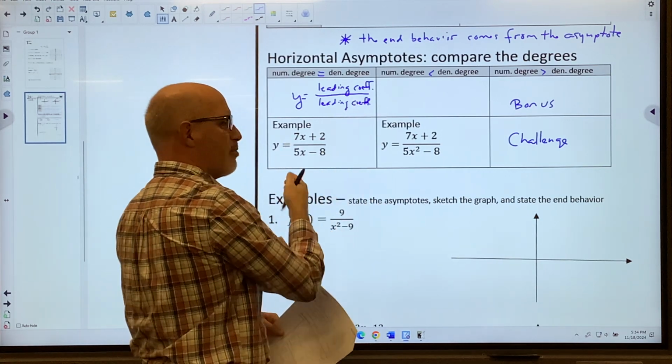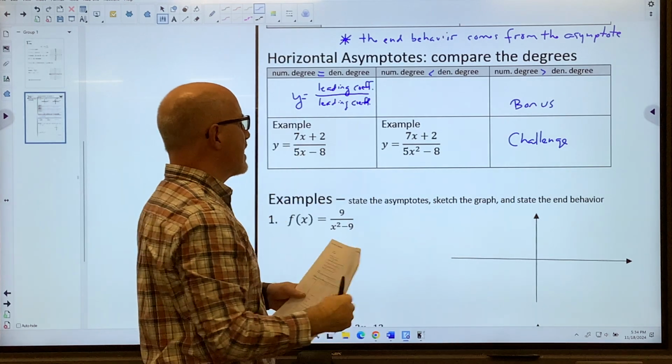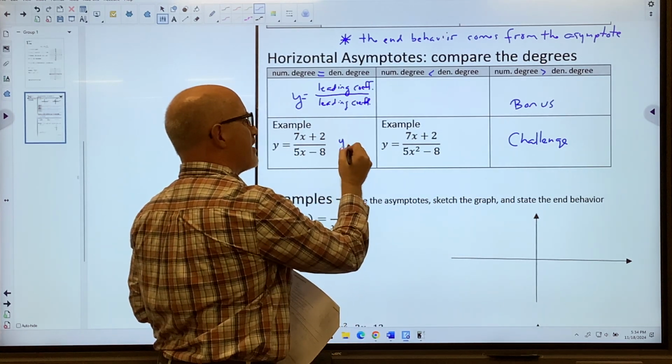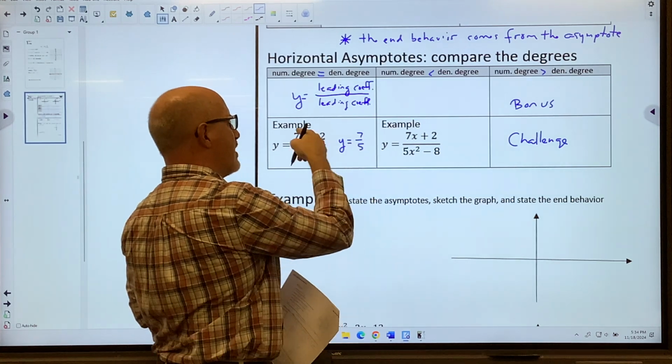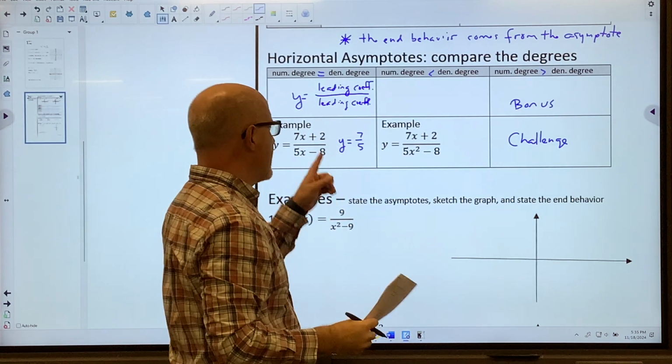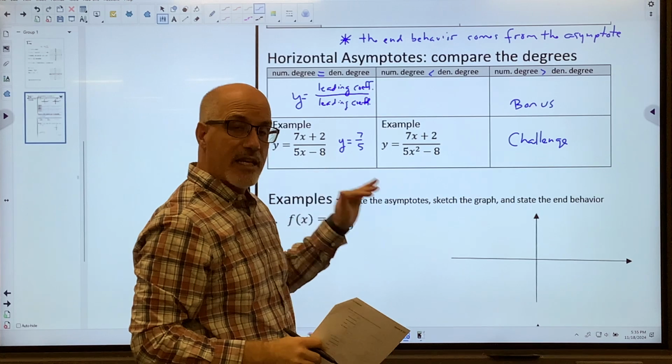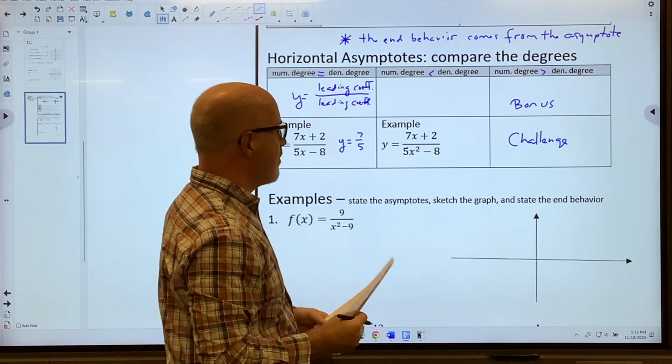So for this example here, notice that the degrees are the same, so my horizontal asymptote is going to be y equals 7 over 5, just the leading two coefficients. Doesn't matter what these two numbers are, it's going to be defined by the leading coefficients.